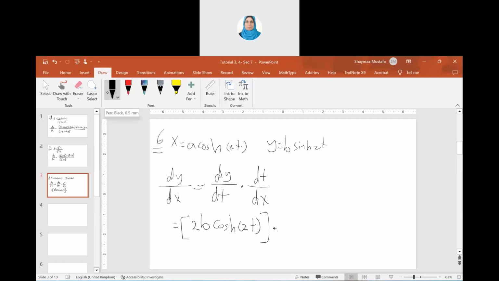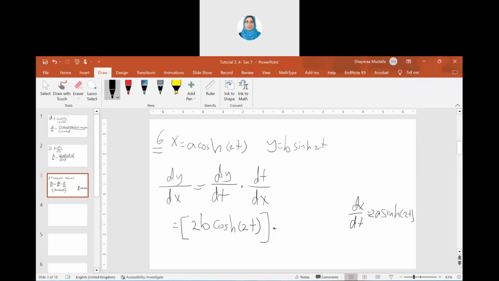Here you have two options. Either you find dx over dt and change this one, or you can find t in terms of x and then you can find dt over dx. So here I will find dx over dt first. So if I need to find dx over dt, dx over dt is equal to a sine 2t times 2.